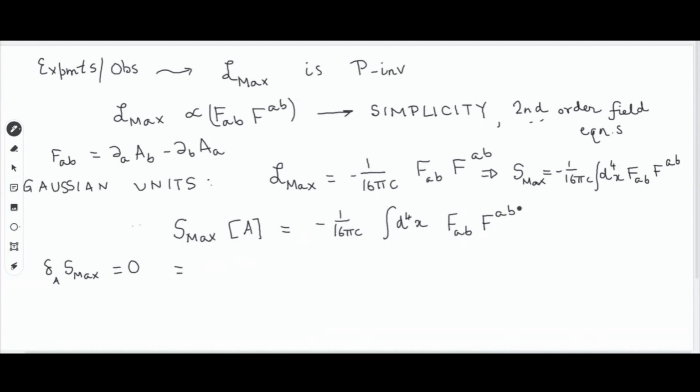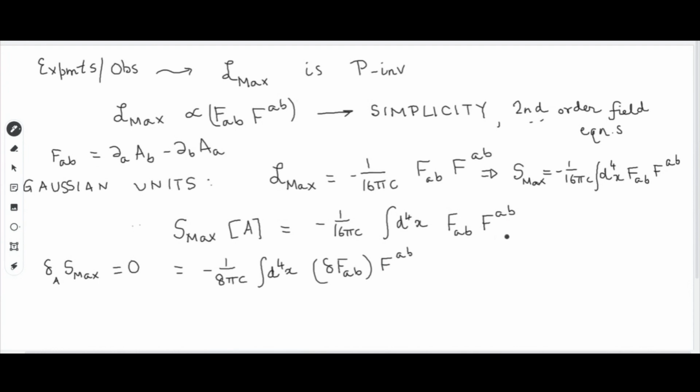So you see that this is like a square, F_AB F^AB. This is a contraction. So when I do a variation, I will get a factor of 2. I'll get a factor of 2 because I can do a delta F_AB times F^AB, but I can also get F_AB delta F^AB. But then I can always interchange the up and down indices, and therefore I get a factor of 2.